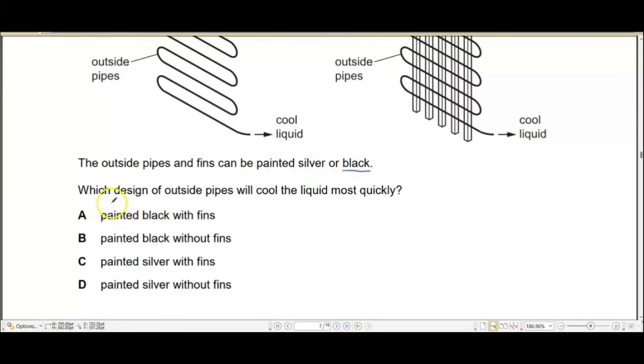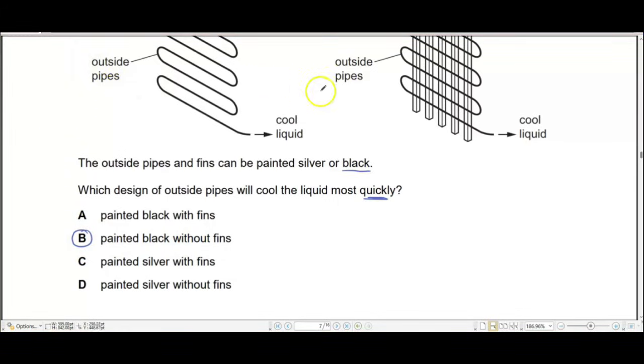So when they are asking which design of outside pipe will cool the liquid most quickly, it would be something which is black, and it's not silver or light colored. So our options would be painted black with fins and painted black without fins. So we are going to select option B.